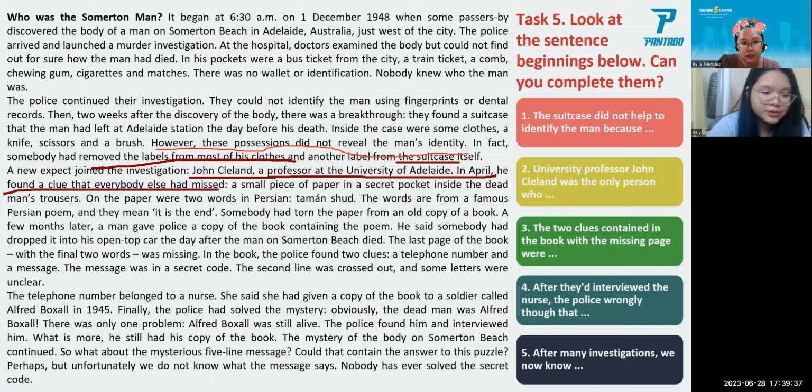A telephone number and a message. The message was in a secret code. Yes. Okay, let's get to number 4.